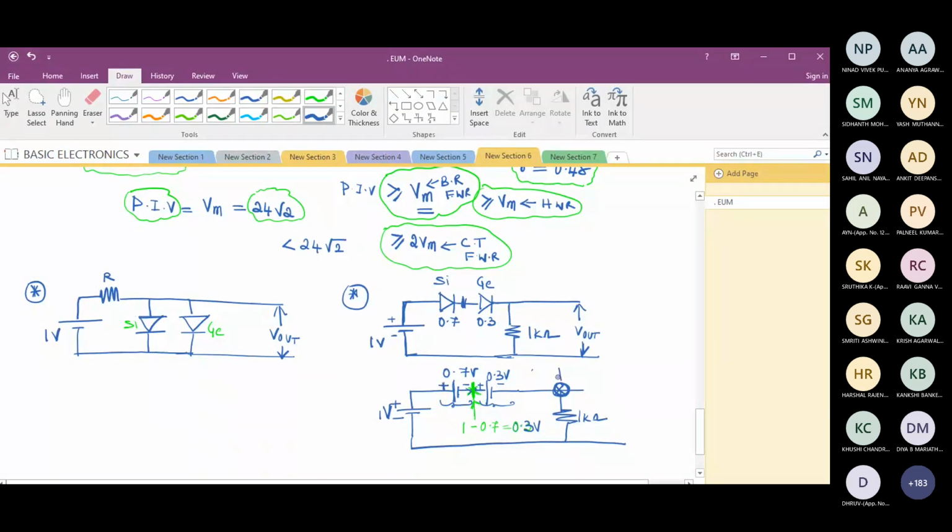So the final voltage across the load is 0. Across the 1 kilo ohm, we are going to get 0. So the answer is 0. All of you getting this? It's a simple but slightly tricky question.